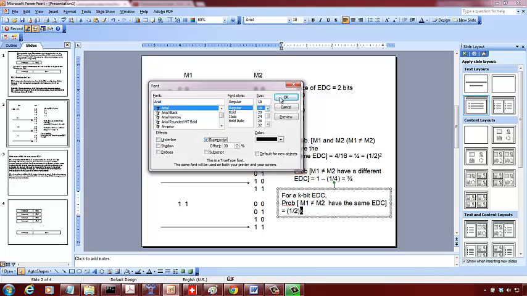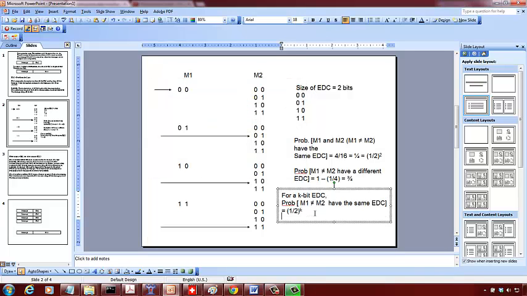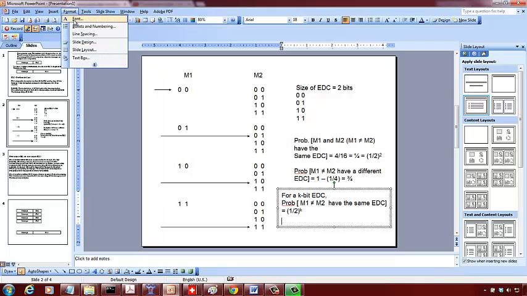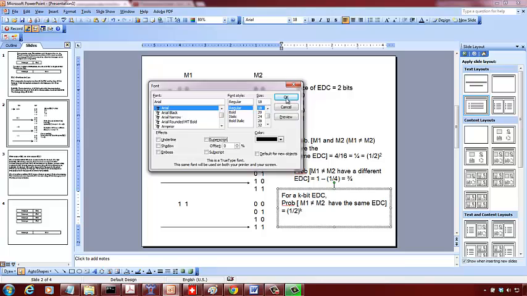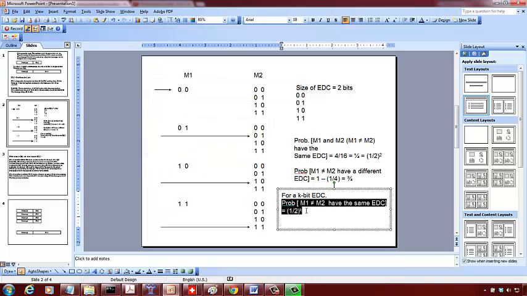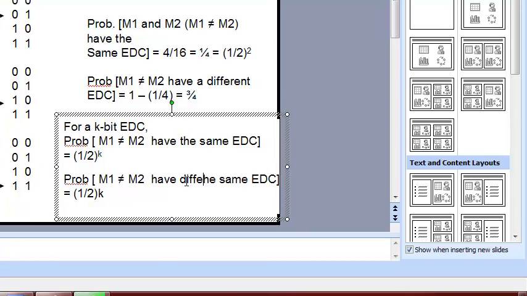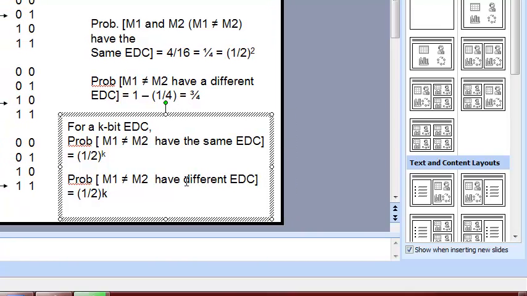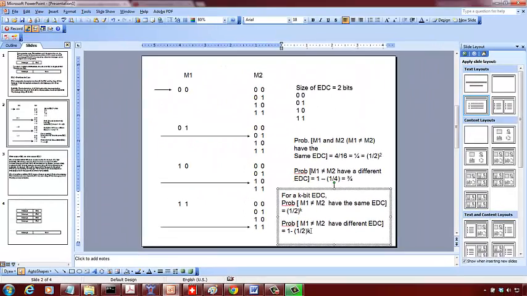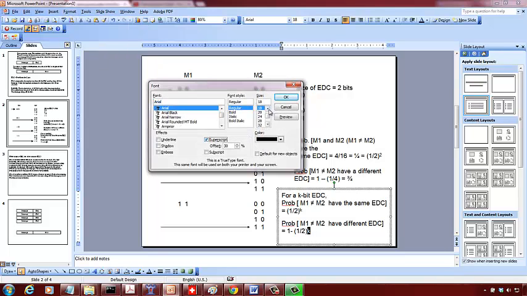That means the probability that they have different error detection codes is going to be 1 minus 1/2 raised to k.